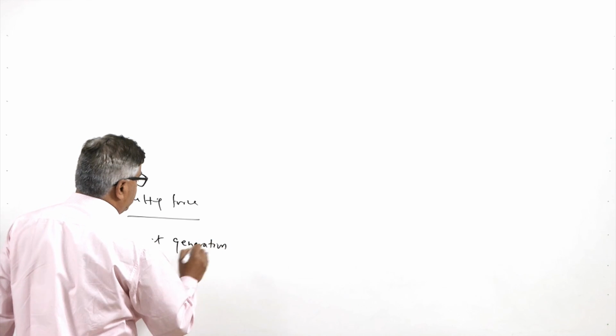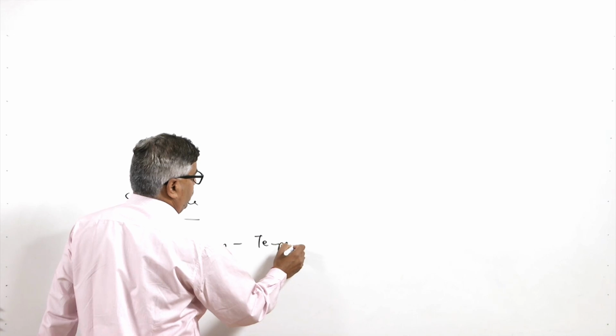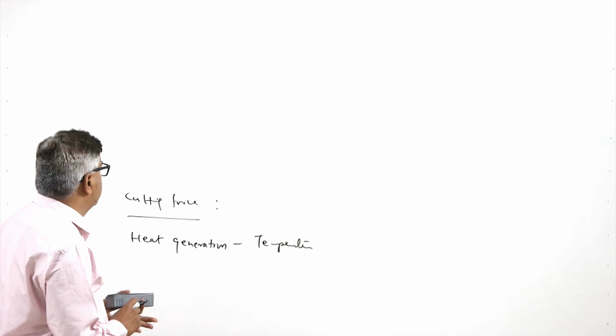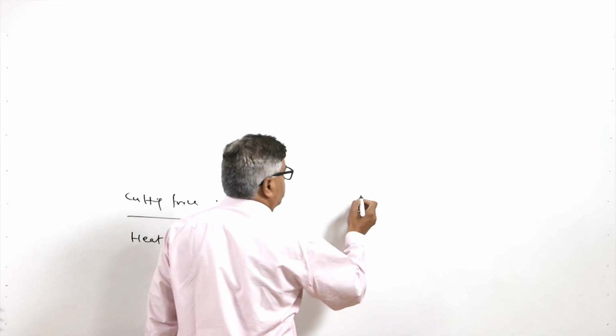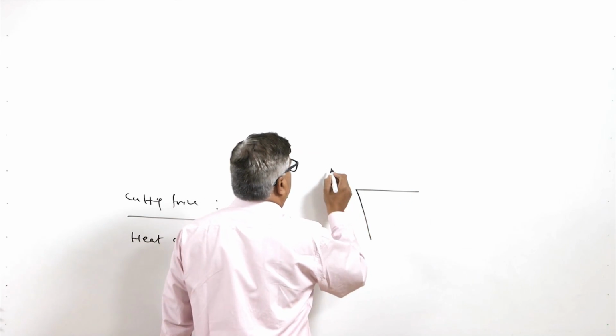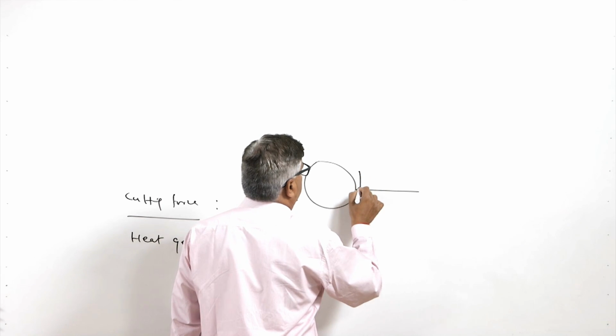Because of the heat generation there is a rise in temperature of the tool, and the cutting forces are generated due to the shearing at the tool-chip interface. Say this is the typical tool, and during machining the forces will be acting onto the tool.